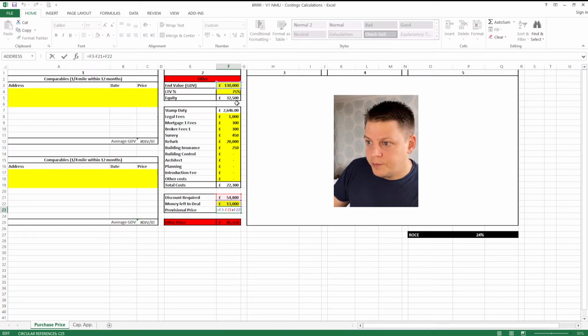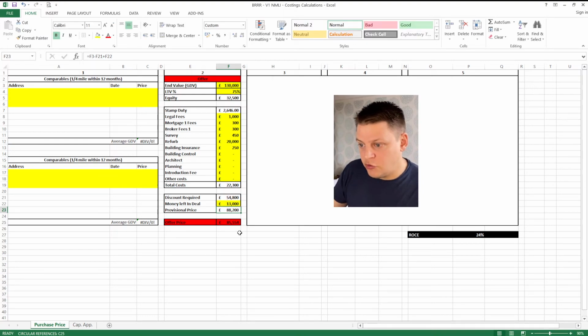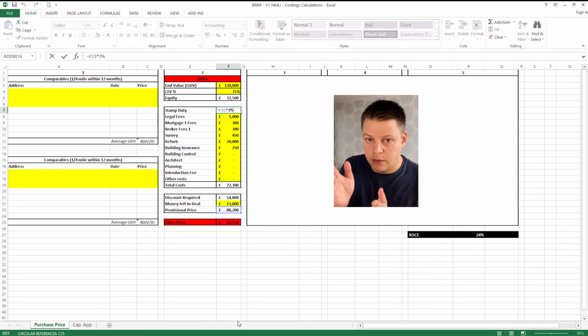So this is £130,000, subtract the costs that we've just calculated, the equity and the other costs, and then we add on the money we can leave in, and that provides us with a provisional price of £88,200. Then we calculate stamp duty, 3% in this case. If you look at the description below, there'll be a link to this.